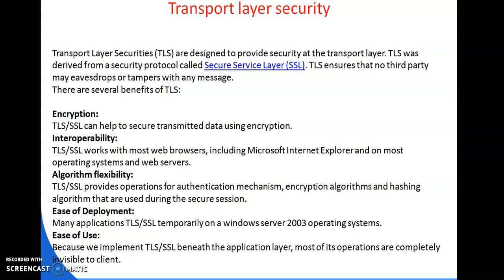And ease of use: because we implement TLS SSL below the application layer, most of its operations are completely invisible to the client. So these are the several benefits of TLS: encryption, interoperability, algorithm flexibility, ease of deployment, and ease of use.